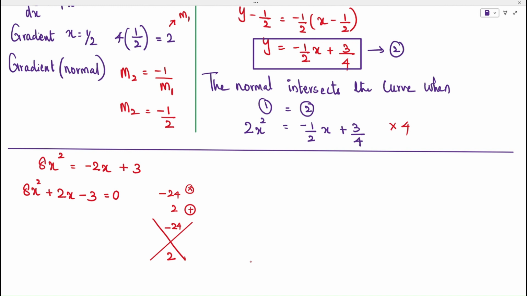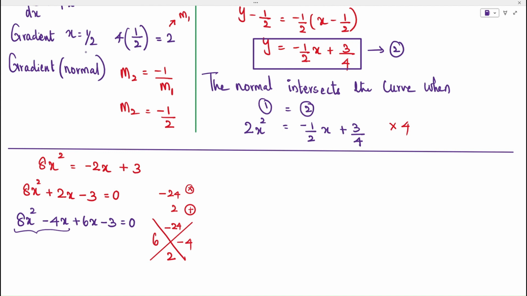Instead of writing out all the factors, we can just use mental maths here and isolate our two numbers. So we get 6 and minus 4 as our two values. So we can rewrite our quadratic in the form 8x squared minus 4x plus 6x minus 3 equals 0. Now, this form is easier to deal with than the form we had before, but they are still equivalent.